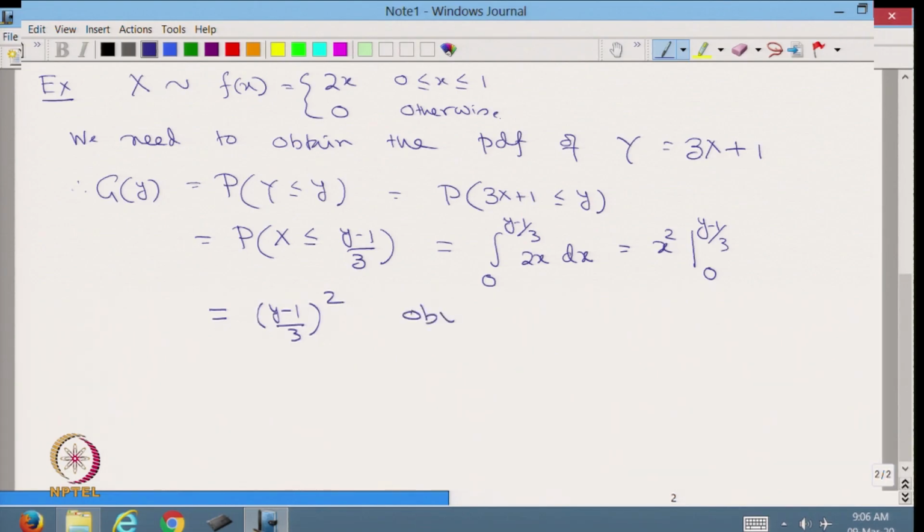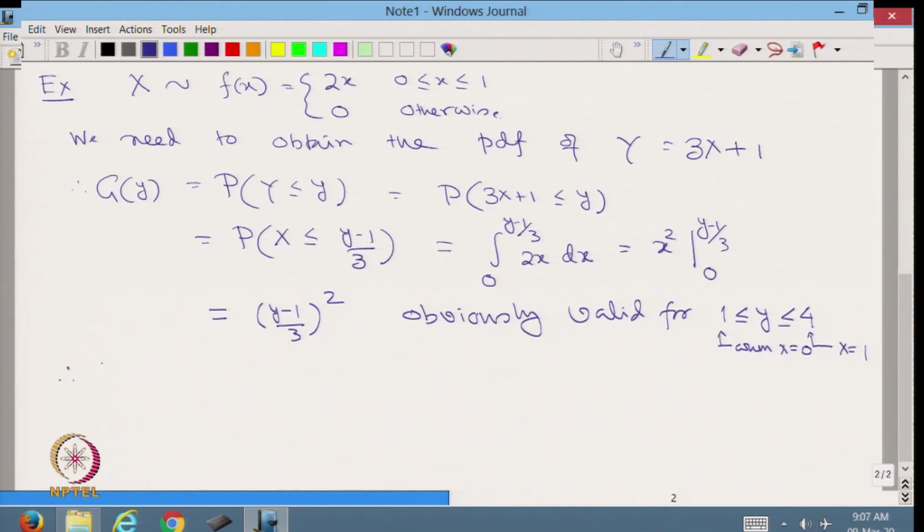Obviously, this is valid for 1 less than or equal to y less than or equal to 4. So, Y takes the value 1 when X is equal to 0, and it takes the value 4 when X is equal to 1.